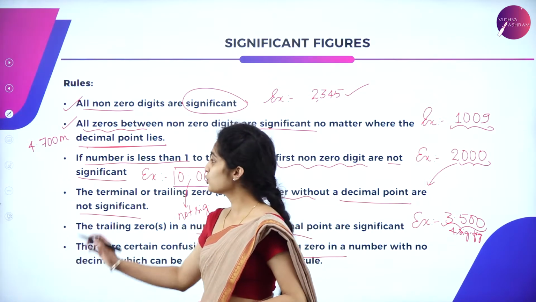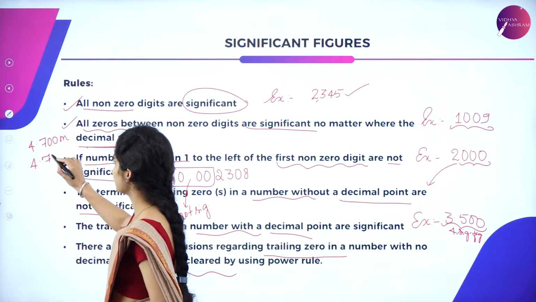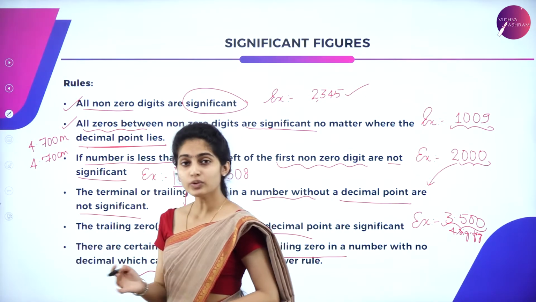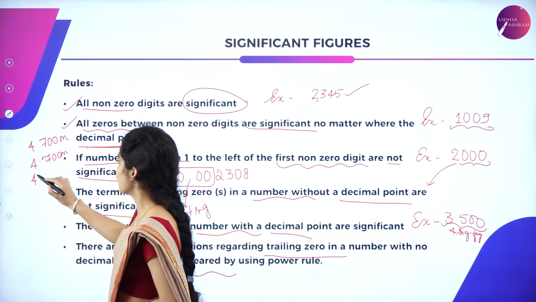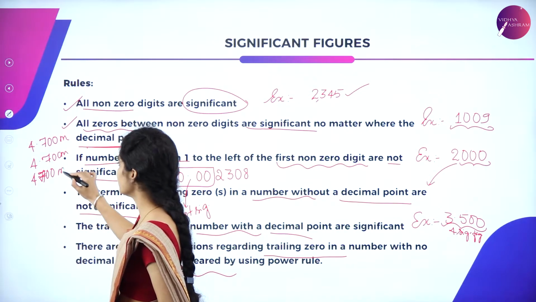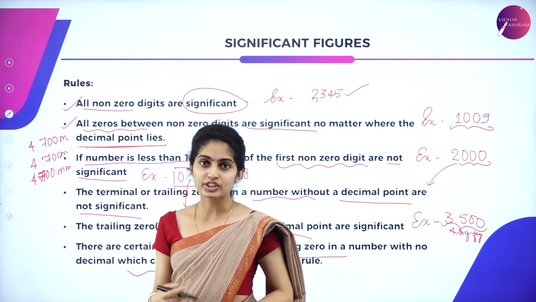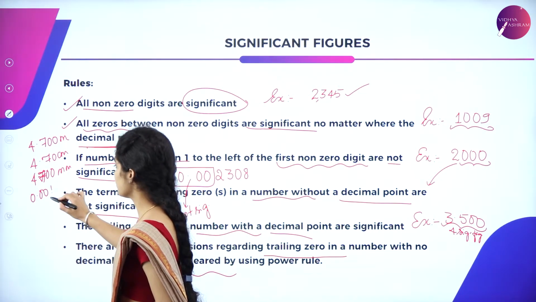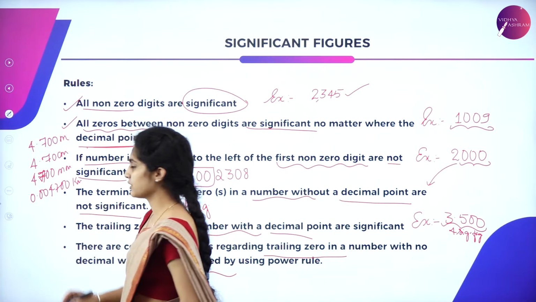When you convert into centimeters, it becomes 470 centimeters. And when you convert it to millimeters, it becomes 4700 millimeters. And again, when you convert it to kilometers, it becomes 0.004700 kilometers.